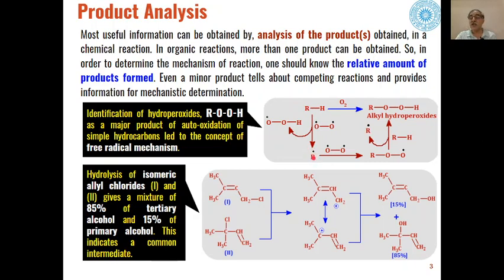Then that alkyl radical will again react with another molecule of oxygen, and we will get this alkylperoxy radical, and this radical will react with another molecule of alkane, and an H radical from there will be shifted to this radical, and we will get alkyl hydroperoxides as the product.